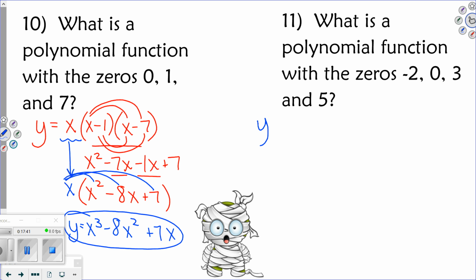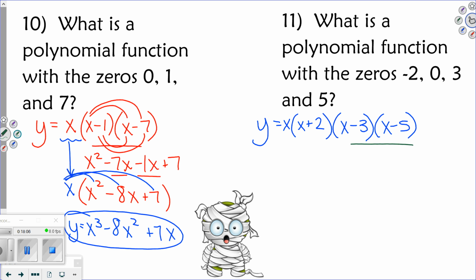All right, and then number 11, where does negative 2 come from? 0, x out in front, 3, 5. All right, what form is that? That is standard form, or no, that's not standard. I want standard. That's factored form. Factored has the parentheses in it.